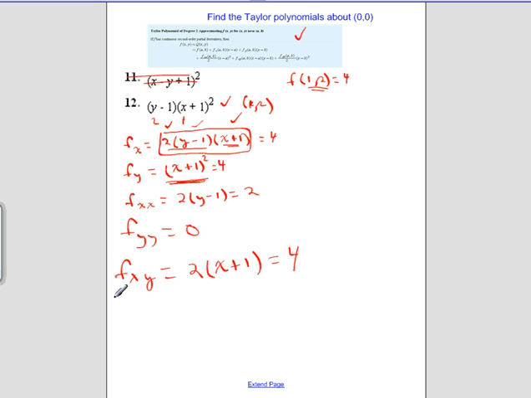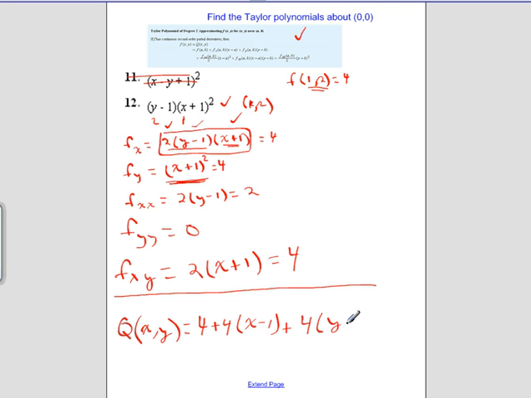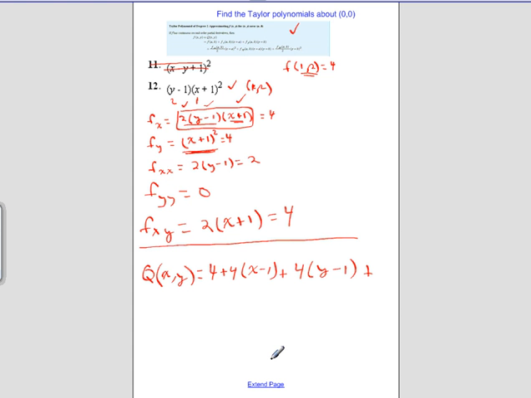So now we just fill in our second order Taylor approximation, Q for quadratic, and plug in the point 1 comma 2. Our function equals 4. So we have 4 plus our first derivative with respect to x, so 4 times x minus 1, plus our partial with respect to y, 4 times y minus 2, plus our second order f partial xx.